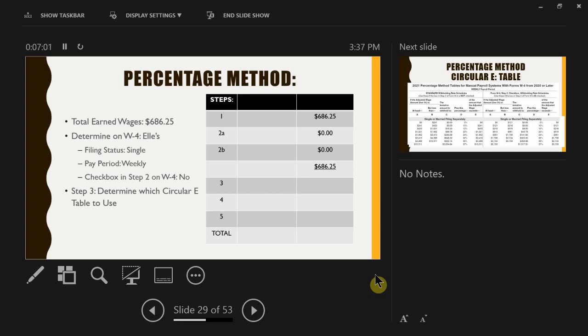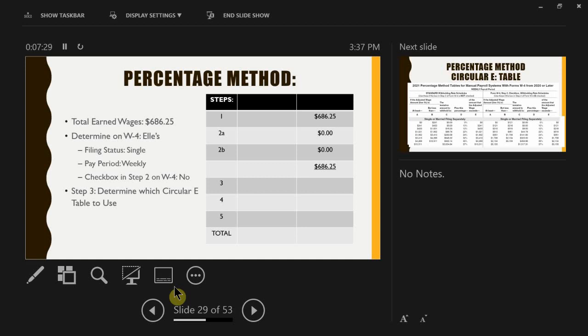If you do check mark it, then it's from your spouse. If you don't check mark it, then it's your actual income that you earn. In most cases it's going to be no, unless you are filing together with your significant other, then you have to select yes. Of course, once we determine these three things, we're going to go straight to our Circular E table.